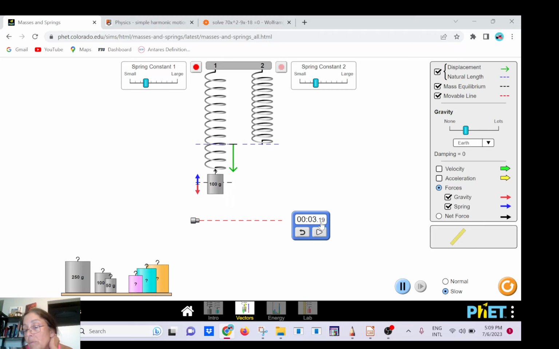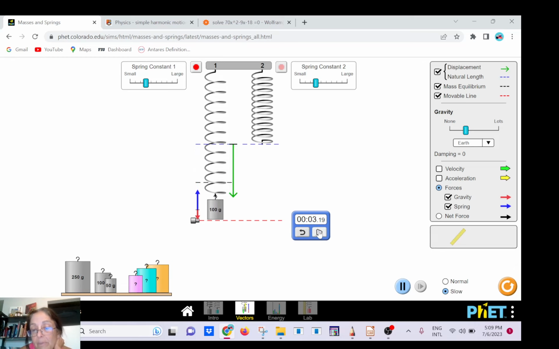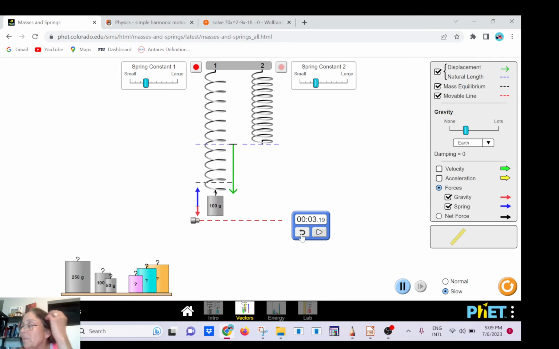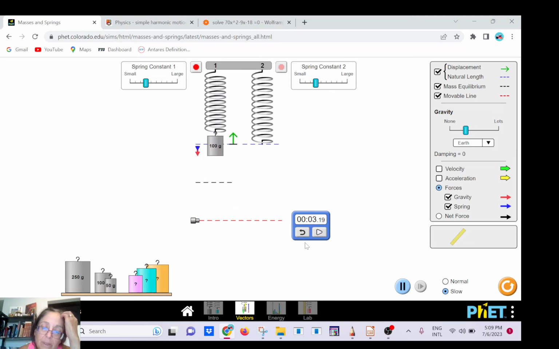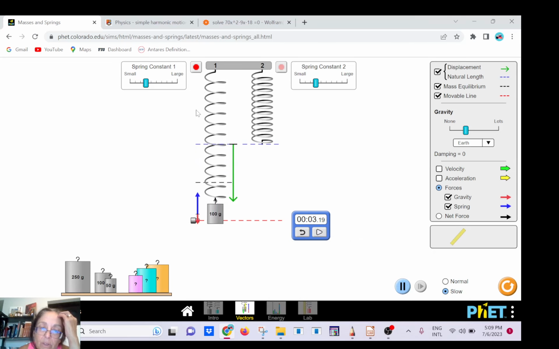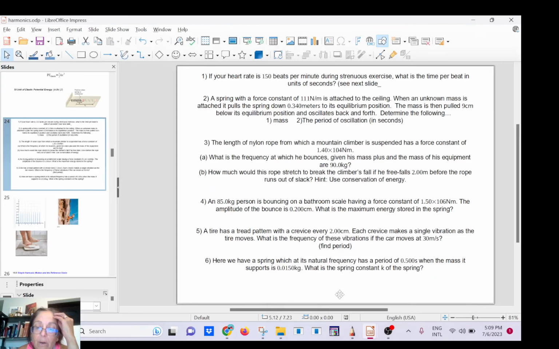So you see it's about 3.20 seconds like before, except I don't have a good reaction time. My point is gravity does not influence the period. And I will explain why. But it doesn't matter if you have gravity or not when you have a vertical spring.